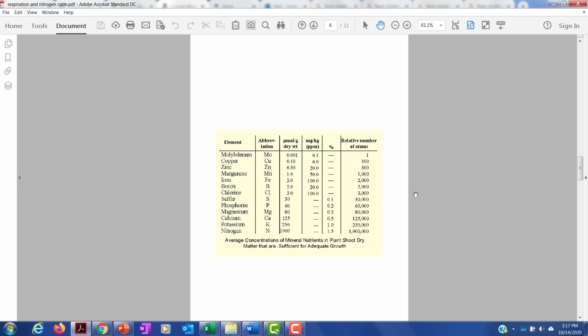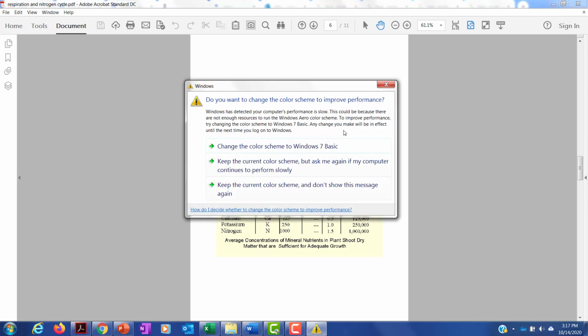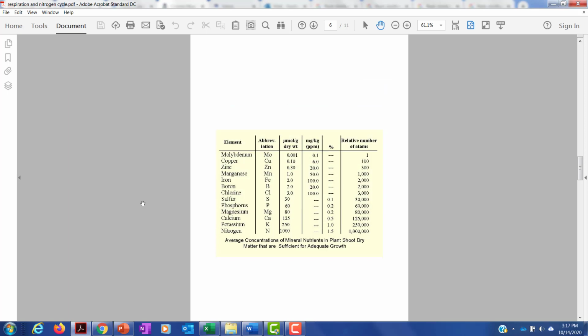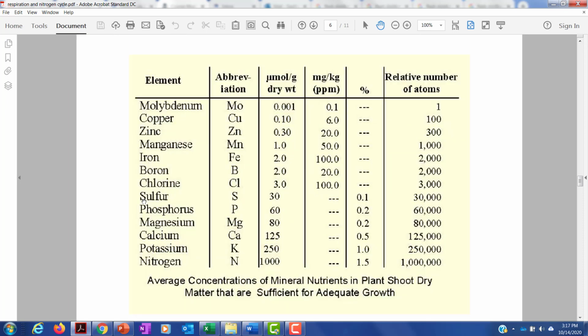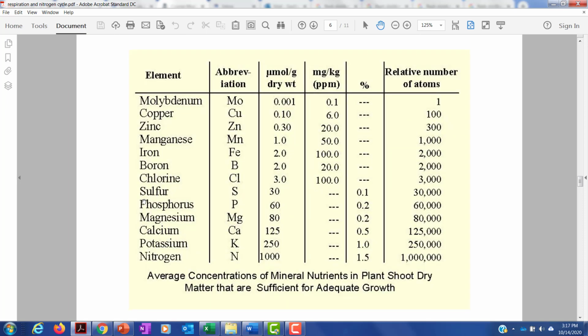So I want to talk about the nitrogen cycle and leave you with the Haber-Bosch process, which you've heard about, and how that literally has changed the world. The way I like to start is a little bit odd, but this is a table of the content of plants.